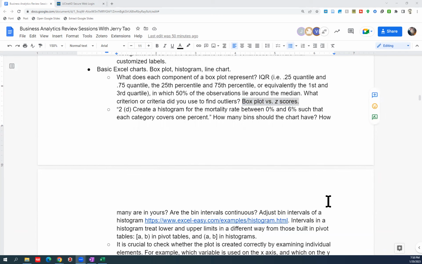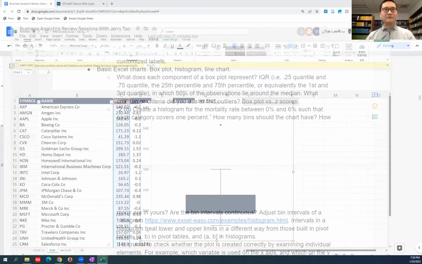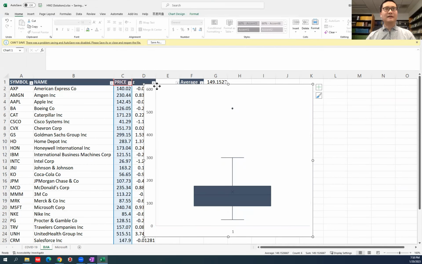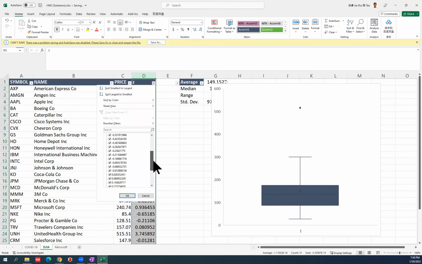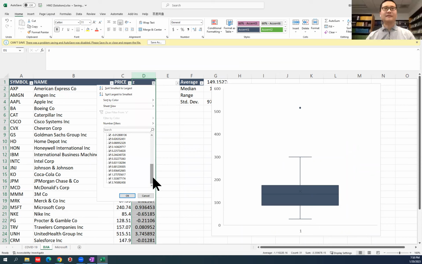You can see the highest z-score was way higher than the next cluster of scores, which was closer to the mean. Okay. Karen, could you elaborate about the z? Did you calculate the z-score for the price? Yes, and then I sorted it so that I could have it in order. I see. Lowest to highest.